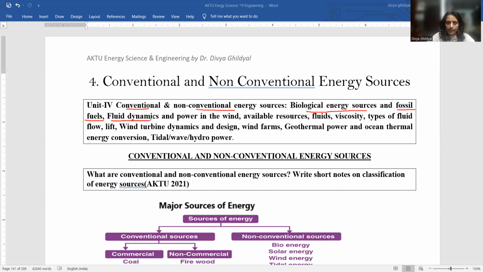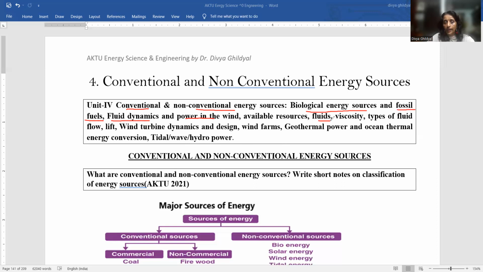Fluid dynamics, fluid is water. Bernoulli's principle of energy conservation. How water, when it creates a pressure difference, also results in energy. Power in the wind turbines, when their blades rotate, helps in the generation of electricity.